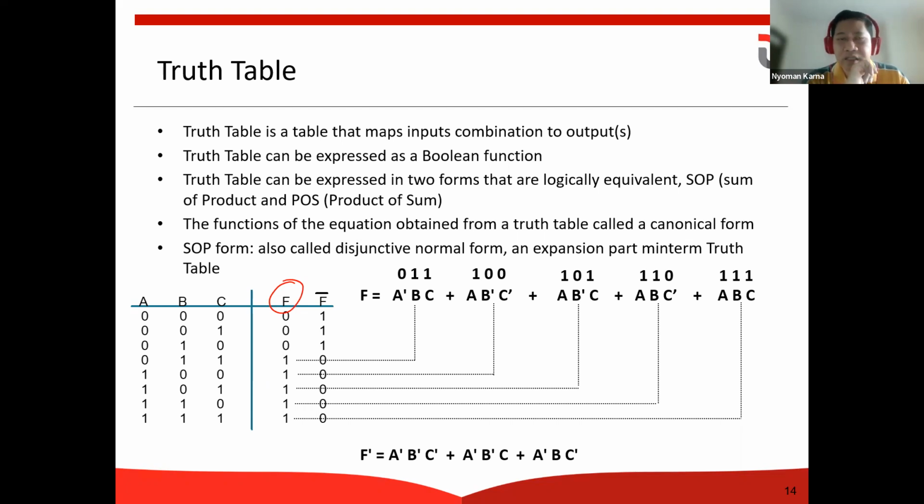That's a function. Okay. Now, based on this truth table, we can see that when A is 0, B is 0, C is 0, the output is 0. And then when A is 0, B is 0, C is 1, the output is 0.